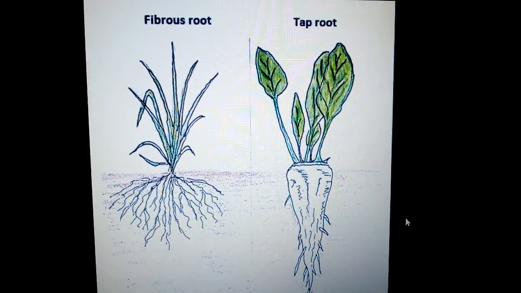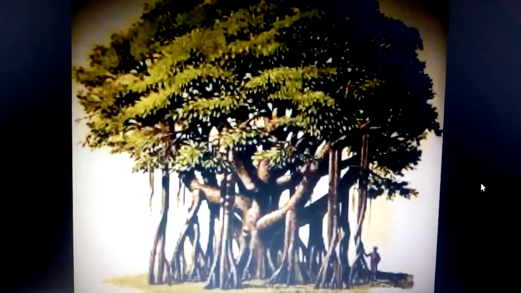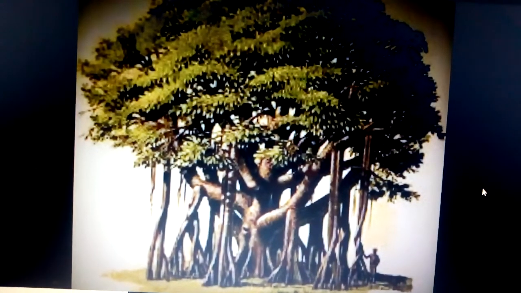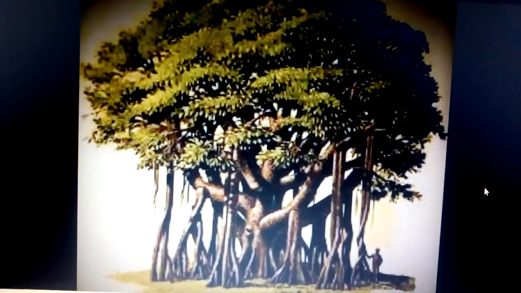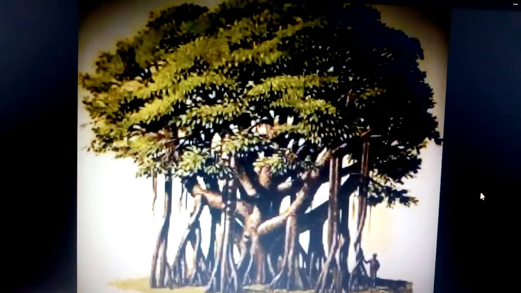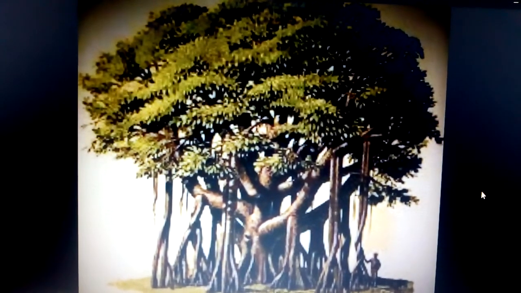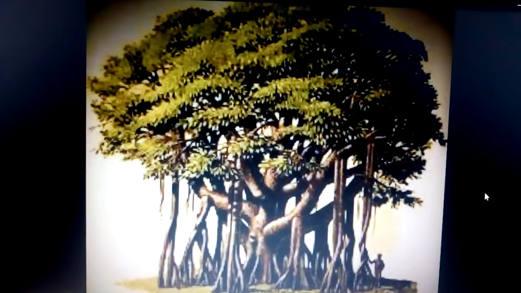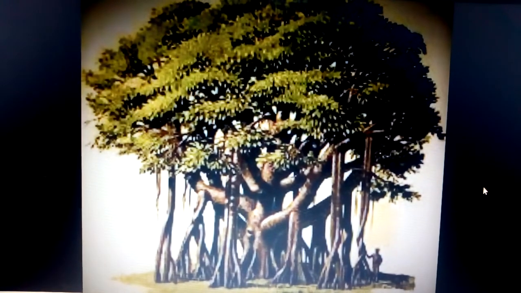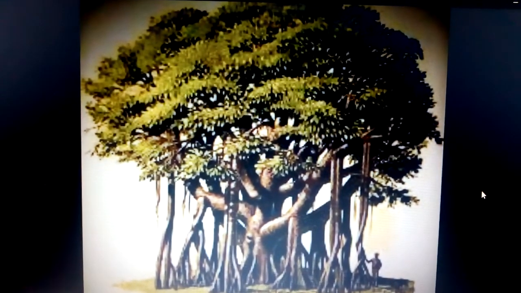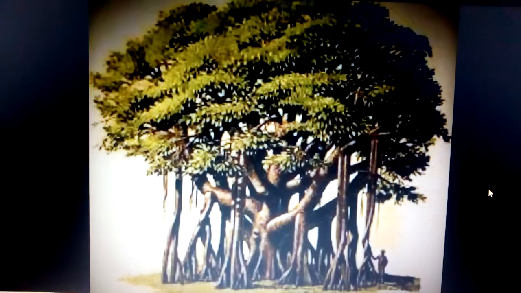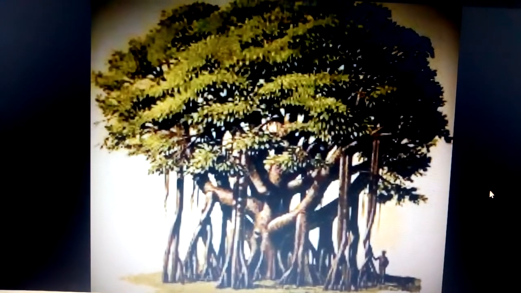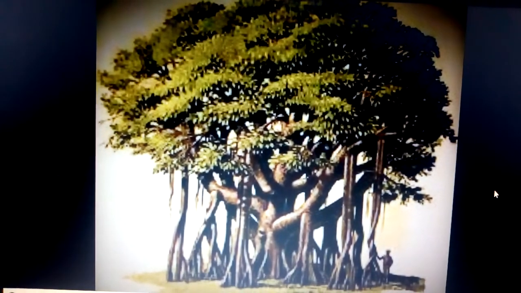Aerial roots give strength. They come from the branches of a banyan tree. Basically we see this type of root in the banyan tree, and they give strength to the trees.